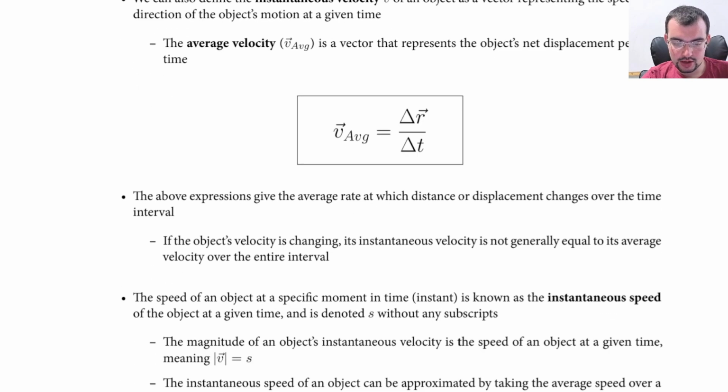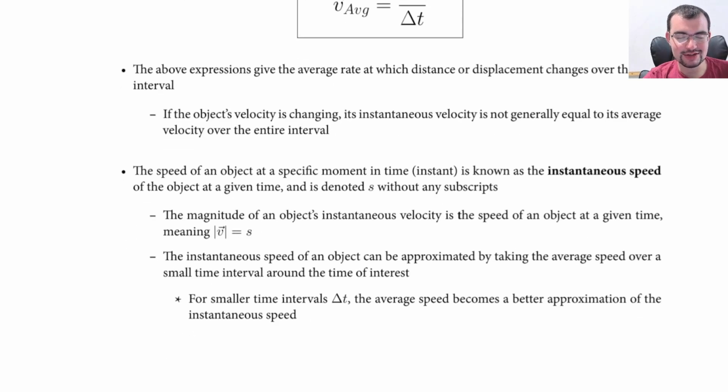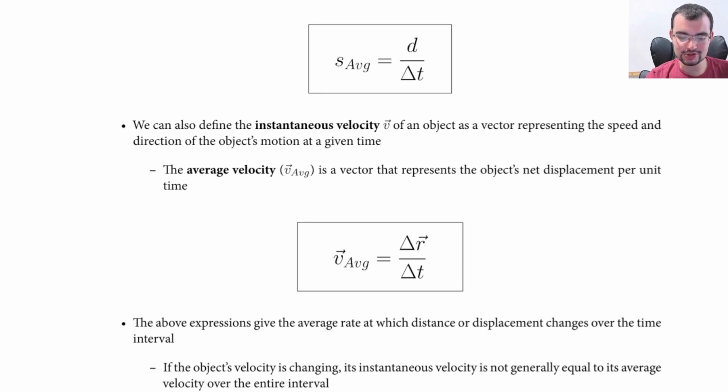So, if we don't want the average, but instead want what's called the instantaneous speed or instantaneous velocity, we just zoom in, zoom in, zoom in with these delta t's so that we're timing really close together. Think of it like the FPS on a camera. If you're recording at 10 frames per second, you're getting a really choppy movie.